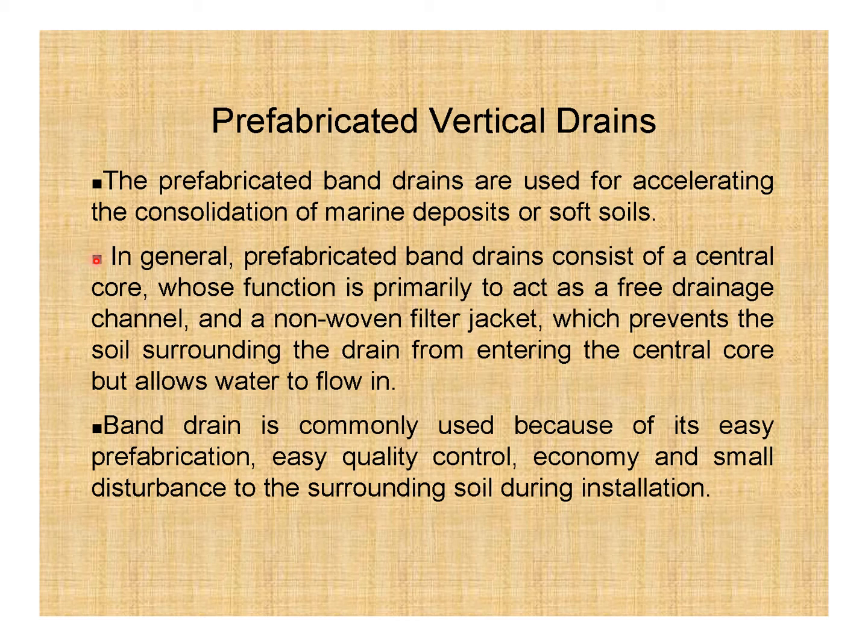In general, prefabricated band drains consist of a central core whose function is primarily to act as a free drainage channel, and a non-woven filter jacket, which prevents the soil surrounding the drain from entering the central core but allows water to flow in. So band drain is commonly used because of its easy prefabrication, easy quality control and economy, and small disturbance to the surrounding soil during installation.